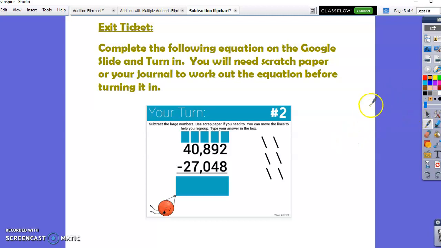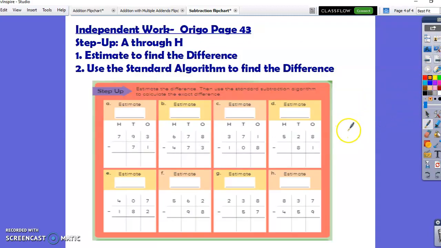Now, before we close up, make sure that you're still listening. The next slide here is your independent work. So after you turn in your exit ticket, you will get your Orgo workbook out on page 43. You are going to do the step up A through H. So first, you will have to estimate and put your difference inside of these boxes where it says estimate.